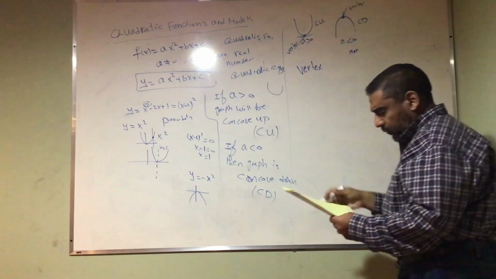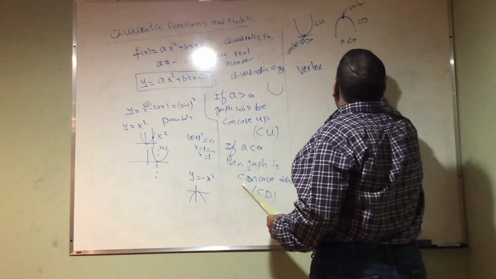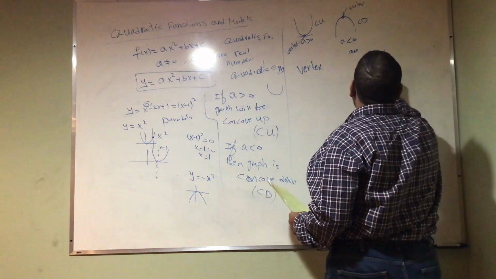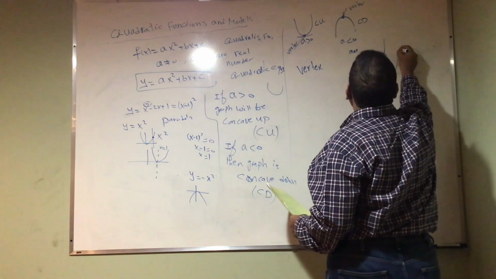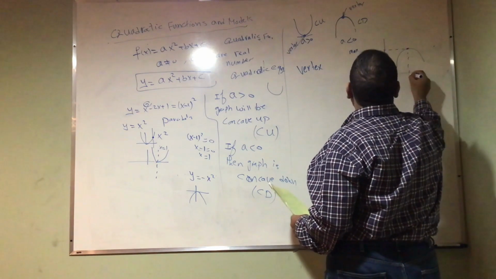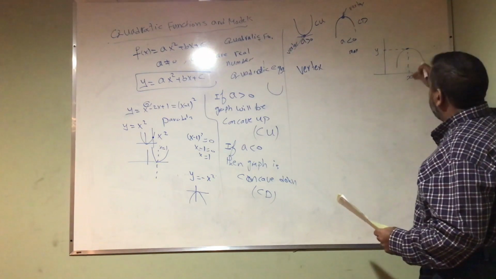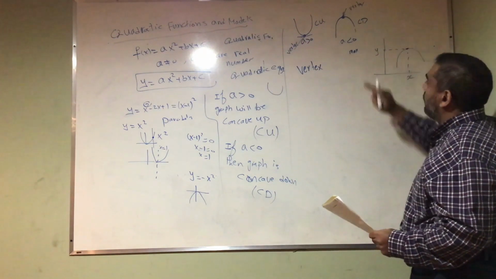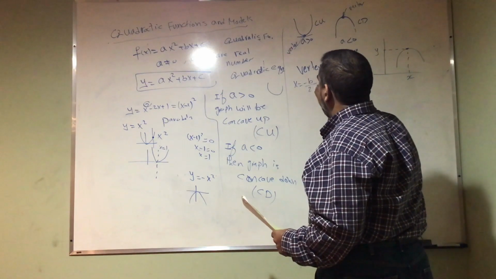All right? How are we going to find the vertex? Your graph, if it's concave up or concave down, at this point here you have x and you have y. So I need to get this point, that is your x here, and that is your y. How to get x? It turns out x here is nothing but negative b over 2a.